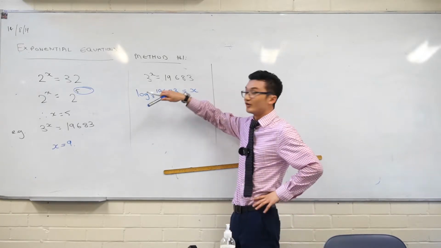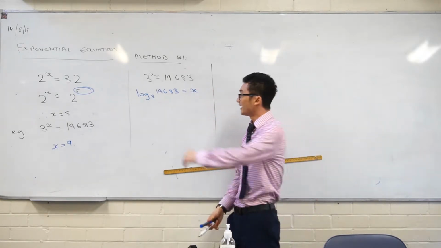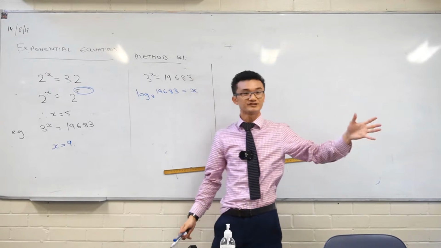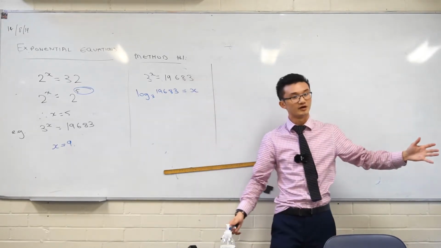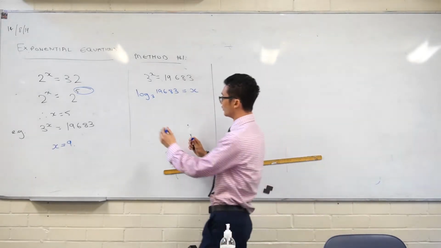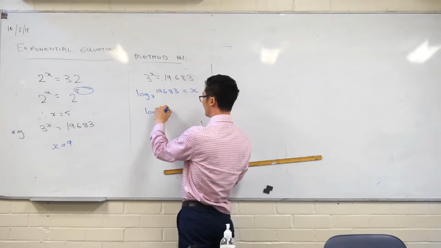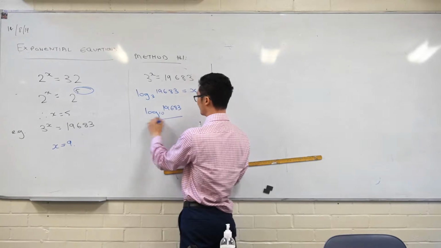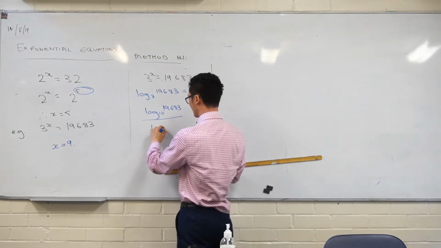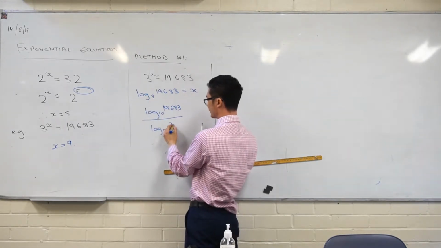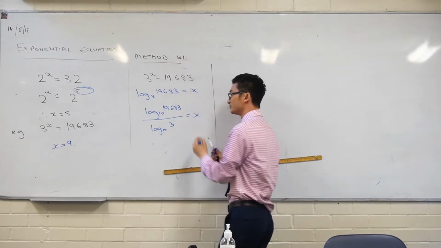So our change of base law says that if I have a log in some base, it could be base 3 or any other number, I take the log, let's use base 10, of our result, and put it over the log of that base, which was 3. That gives me the same calculation.